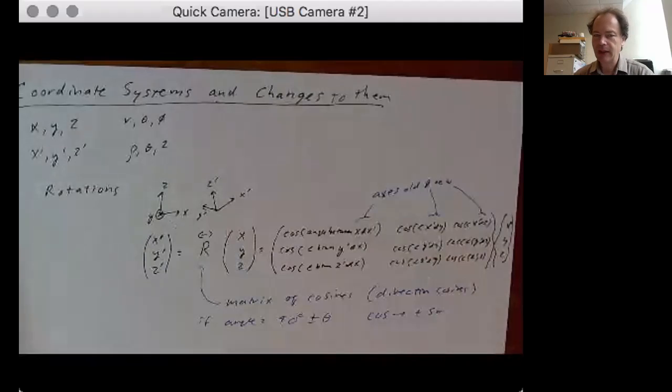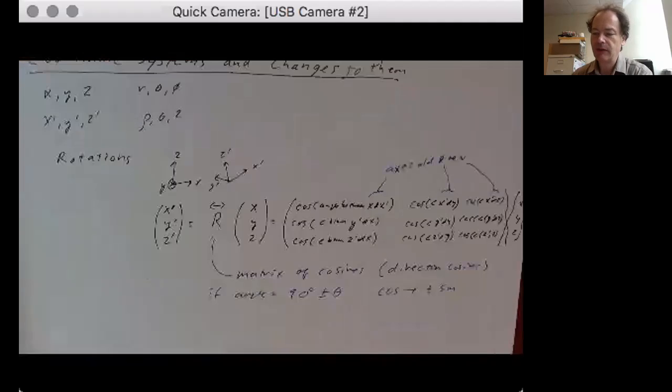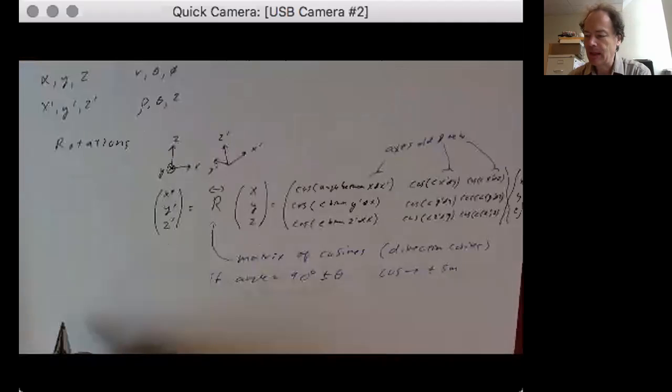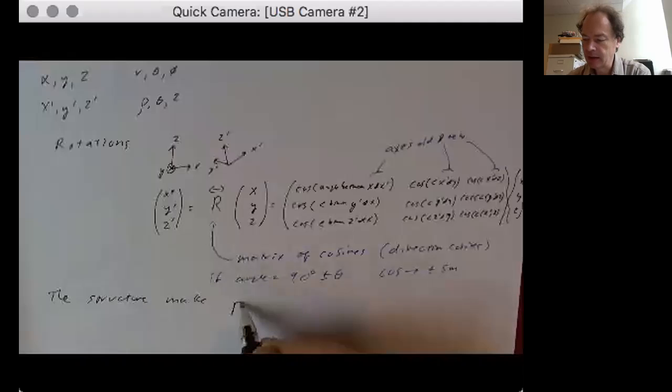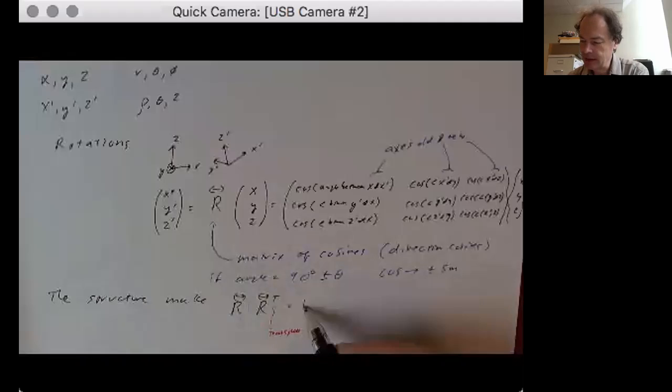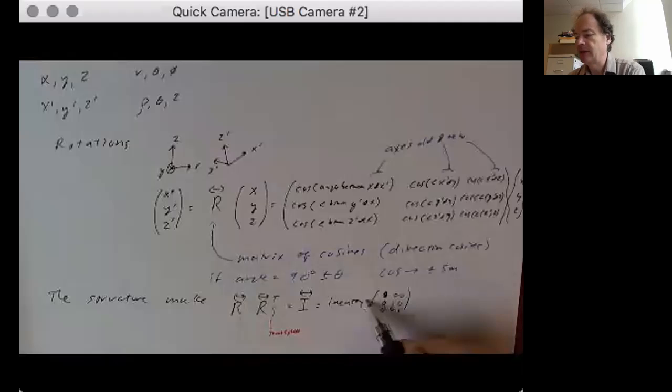Now, one other important thing is that due to the nature of this structure, R times R transpose is equal to the identity, or 1, 0, 0, 0, 1, 0, 0, 0, 1 matrix.